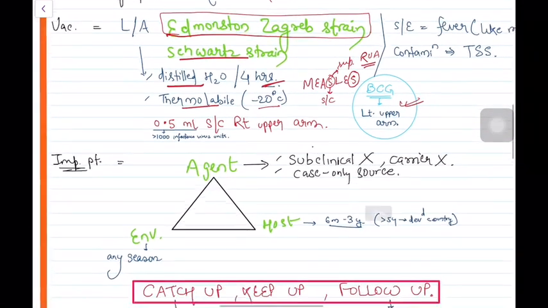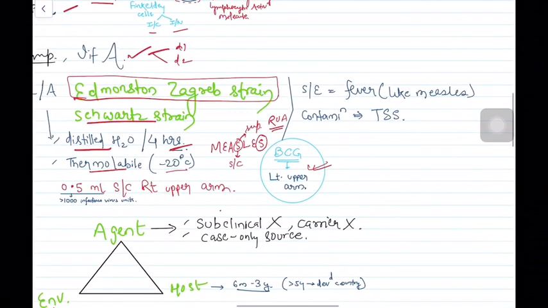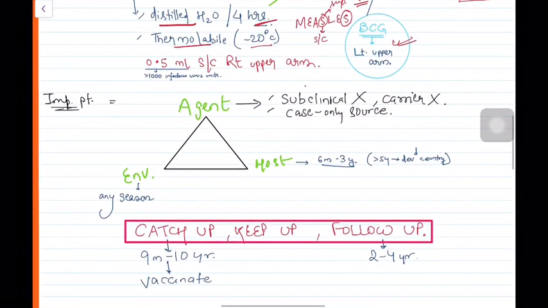Then some important points. The side effect of this vaccine is fever like measles, and I won't say side effect, but it is rather due to contamination. If the person handling this vaccine is not taking proper measures, it can land you into toxic shock syndrome. Then coming to the SPM point of view, the important point. Now we do SPM in 3 headings: agent, host and environment.